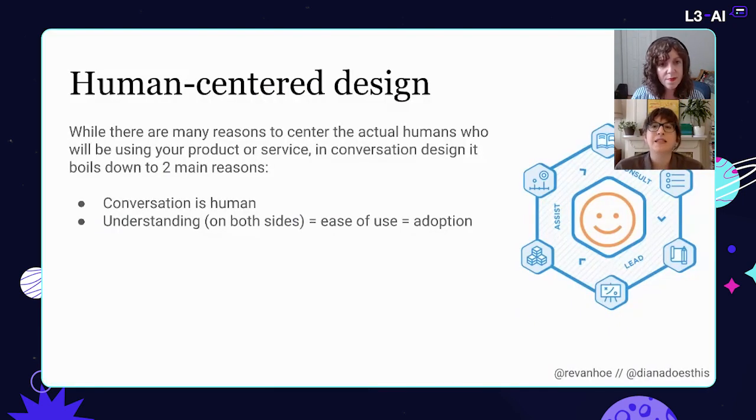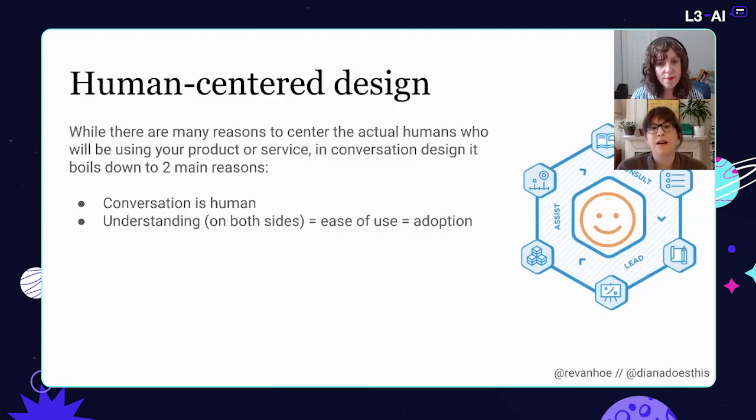So the main idea of the process that we use is that it's human-centered. Human-centered design is a general principle, but it's especially important in conversation design for a couple of reasons. The main one is that conversational interfaces, whether it's a chatbot or a voice assistant or a toaster that you're talking to, are meant to mimic something that uniquely humans do, which is use language and have conversations.